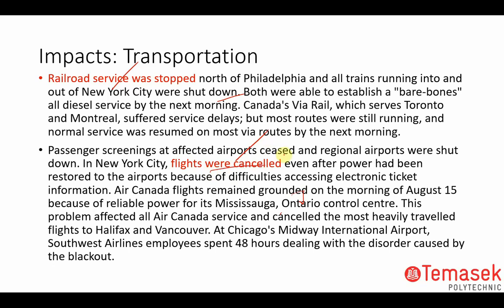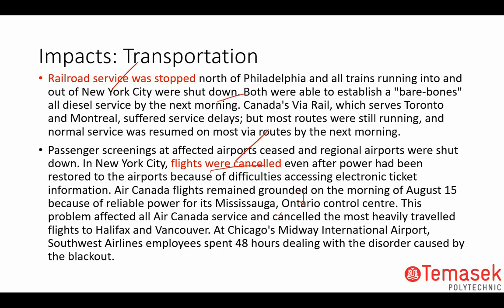Many flights have been cancelled because for an aeroplane to take off, they need to have the radar on the ground itself. The people need to be able to see which plane can take off and which plane can land safely. So transportation has been affected greatly because of the loss of electricity.